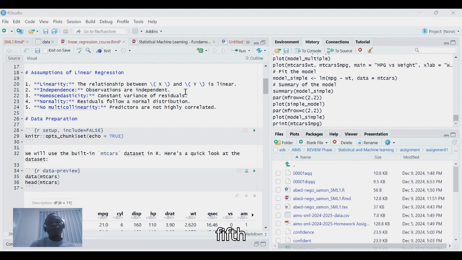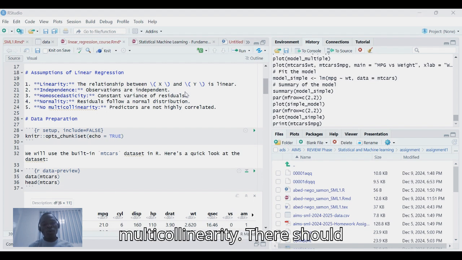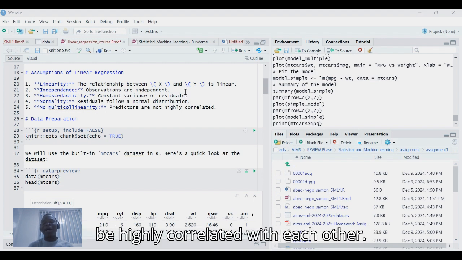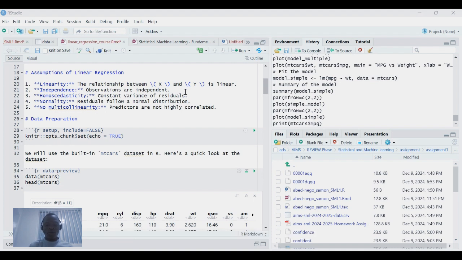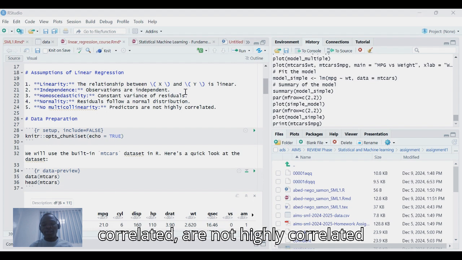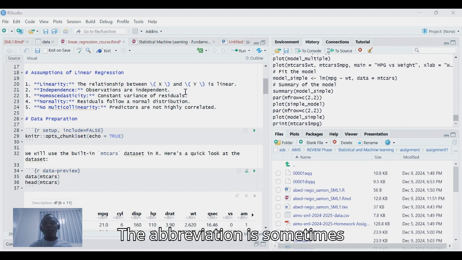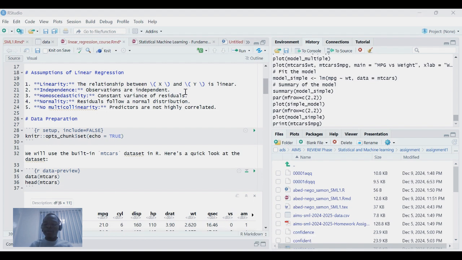Then the fifth assumption is no multicollinearity. The independent variables should not be highly correlated with each other. How do we check this? The first thing is to compute the variance inflation factor, sometimes abbreviated VIF.